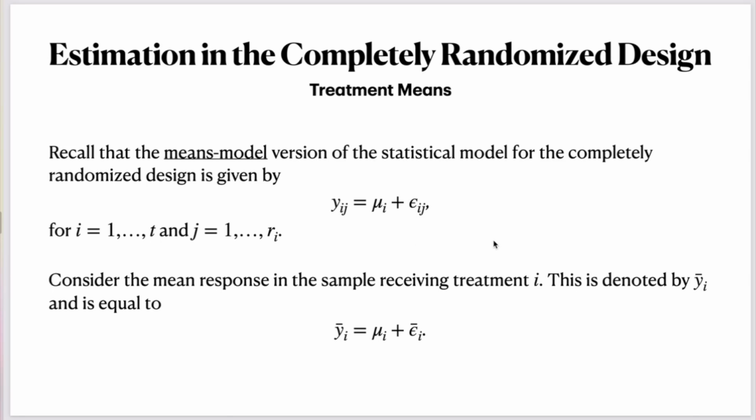Now consider the mean response in the sample receiving treatment i. In other words, the sample mean for the sample that has received treatment i. You'll recall that we denote that sample mean by y bar sub i, and based on this expression for the statistical model, y bar sub i is equal to mu sub i plus epsilon bar sub i.